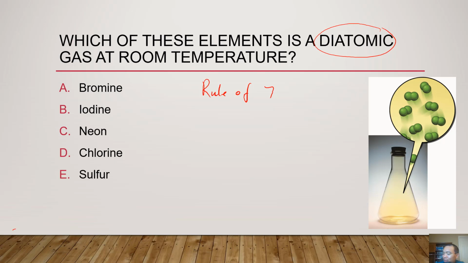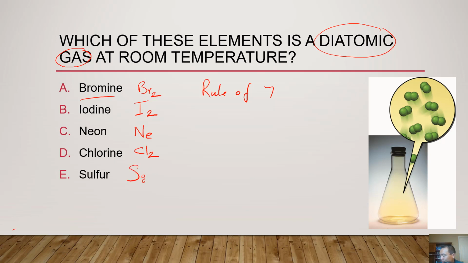But it also has another layer, which is that it must be a gas. So for Br, we do know it is Br2, okay, that's diatomic. Iodine is I2. Neon is not, it's atomic or monatomic. Chlorine is diatomic as well.